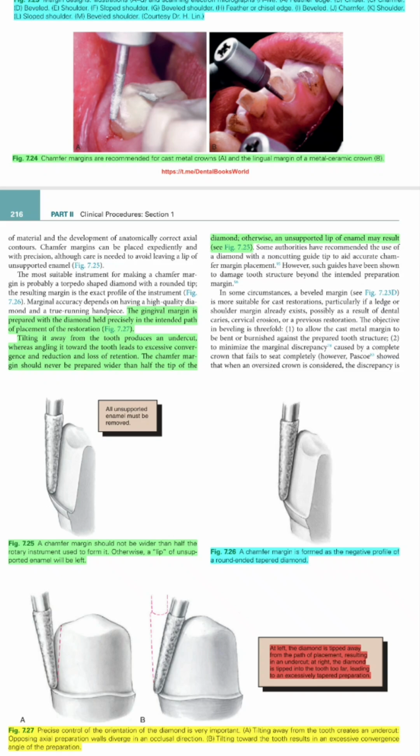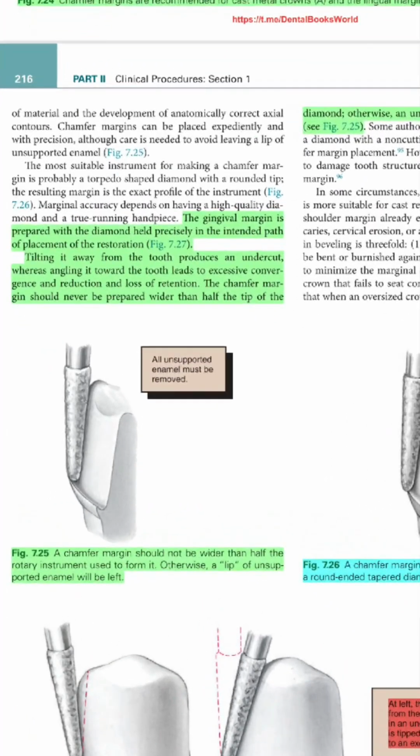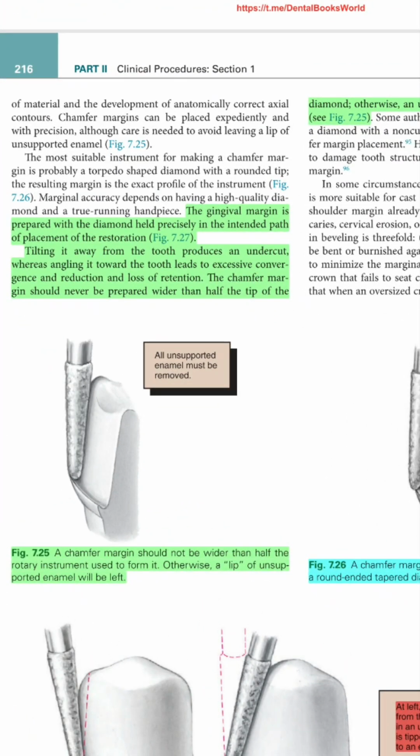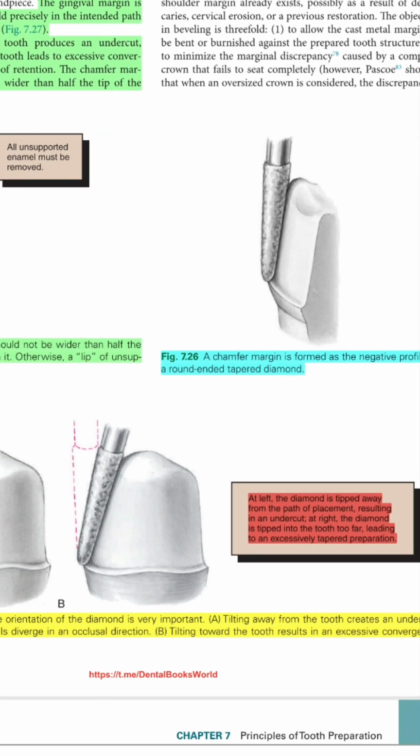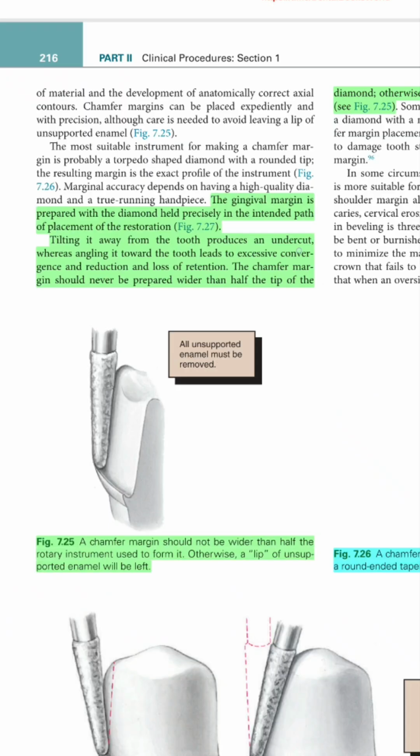Here they are emphasizing holding the burr tightly to the tooth surface and preventing it from tilting away from the tooth, which may produce what is called an undercut, where we prepare the cervical area more than the incisal area.